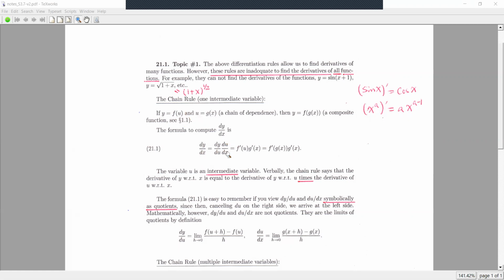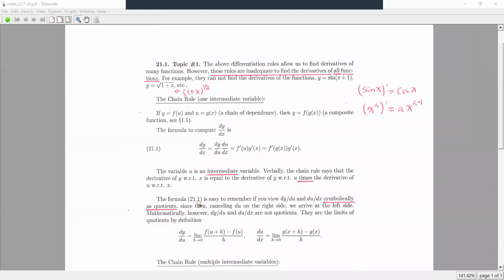This is the chain rule. So the chain rule says that the derivative of this composite function is the product of the derivative of this function and the derivative of this function. We can plug in g of x for the u here to get this equation.